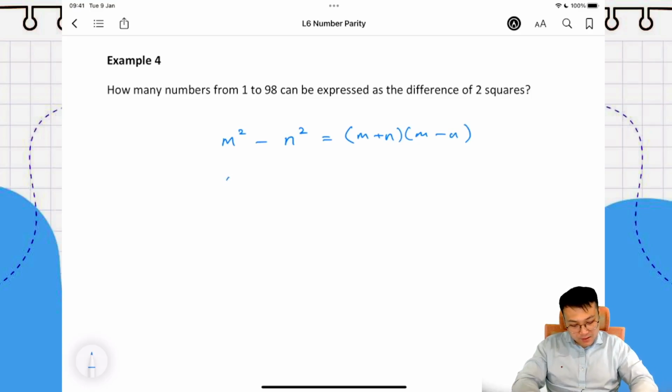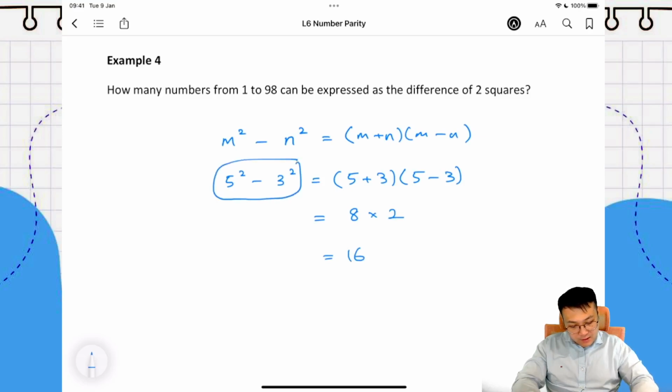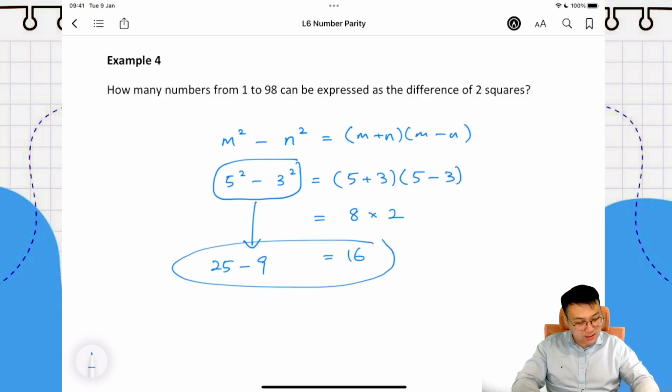For example, m is 5, n is 3, equals m plus n multiplied by m minus n. That means 5 plus 3 multiplied by 5 minus 3. And what if you work this out? 5 times 5 is 25, 3 times 3 is 9. Don't you get the same answer, 16, as well?